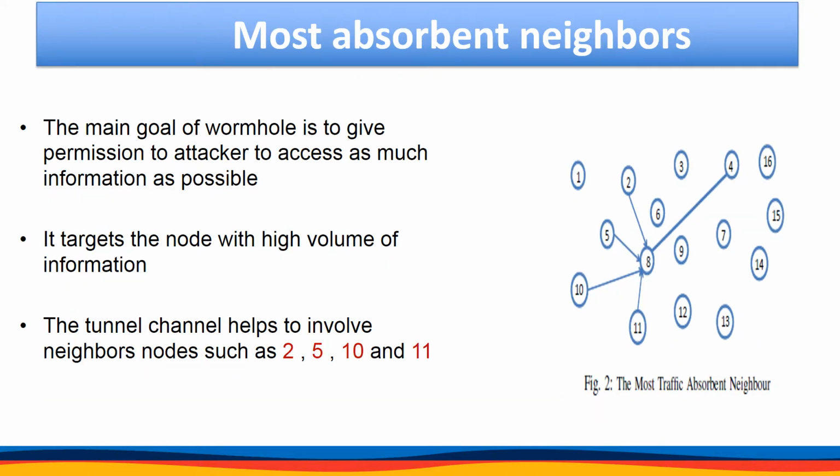Most absorbent neighbors. The malicious node is always targeting the node with much information, and it can use the tunnel created to reach out to other nodes. For example, here node 4 is targeting node 8, and after reaching node 8, it will spread its malicious behavior to 2, 5, 10 and 11.